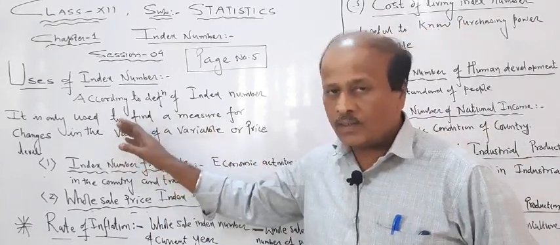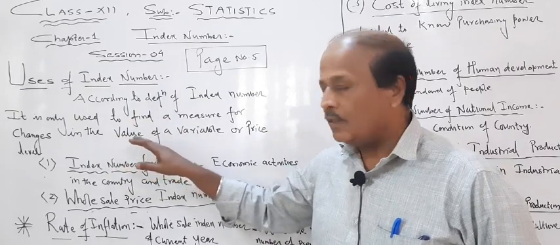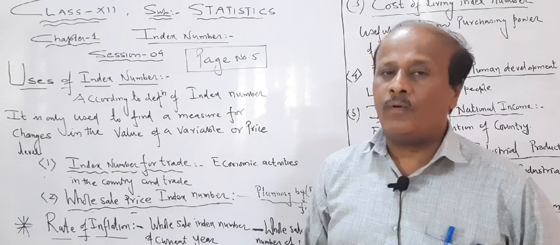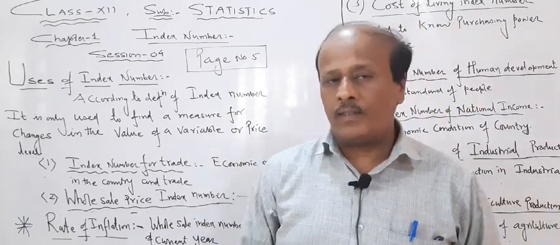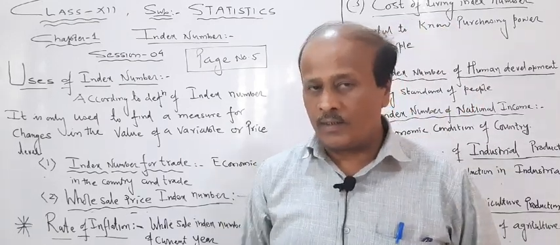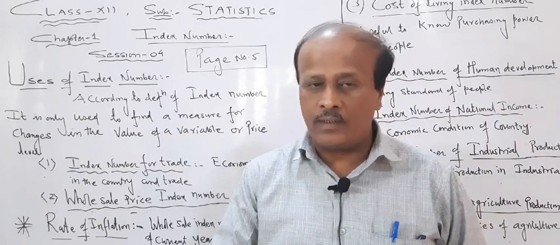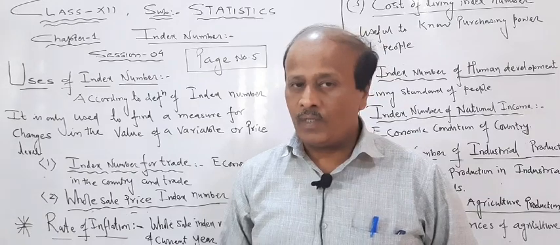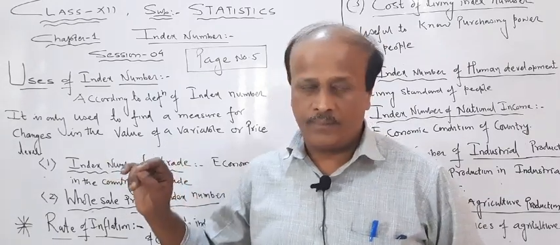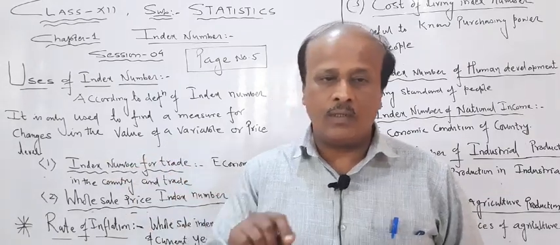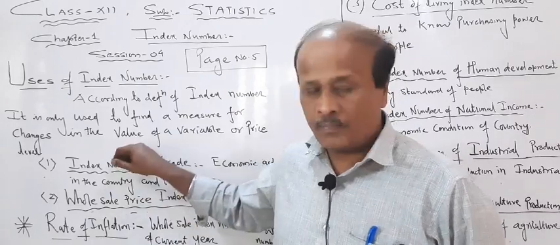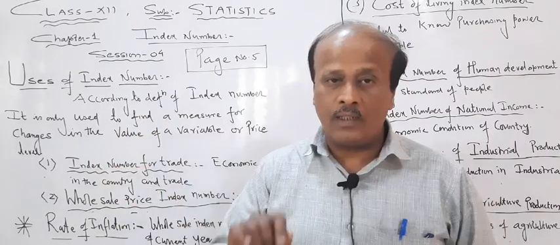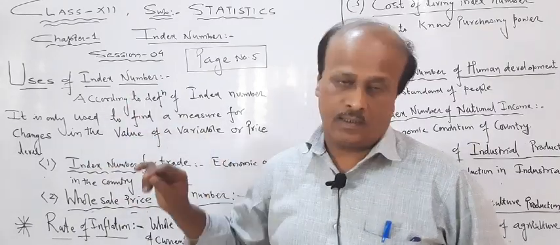Usually it's a measure of the changes which occur in the value of a variable, and that is called an index number. We had a formula for index number, and then I told you the characteristics of index number. I told you how to calculate the general index number. The formula was also told to you, and usually we use the symbol I for representing index number. Now today's topic will tell you the uses of index number.